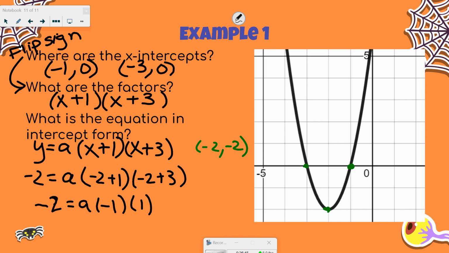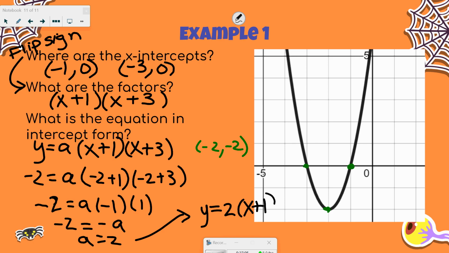So this is really just negative A, or -1A, equals -2. And then what do I know for sure? What is A? Great job. A is 2, so my equation is for sure going to be y equals 2 times x plus 1 times x plus 3.